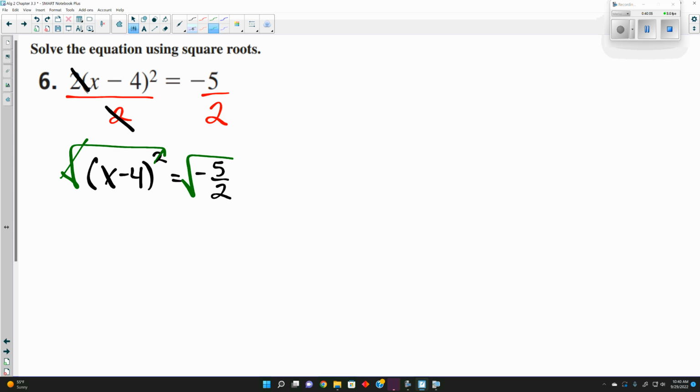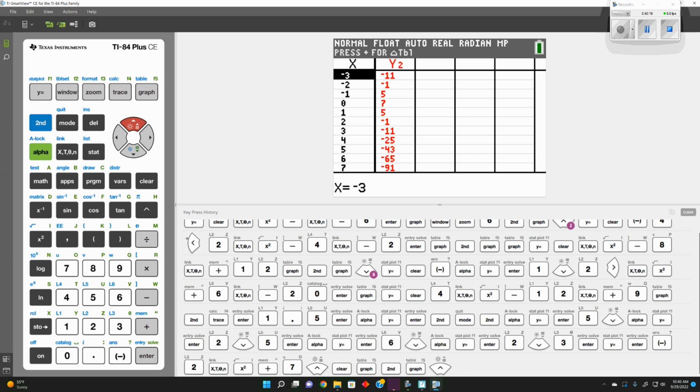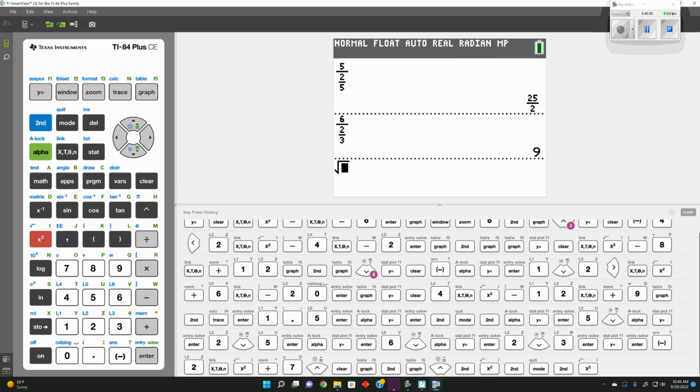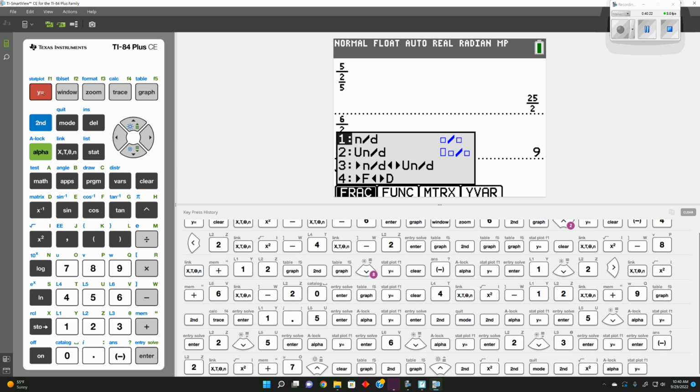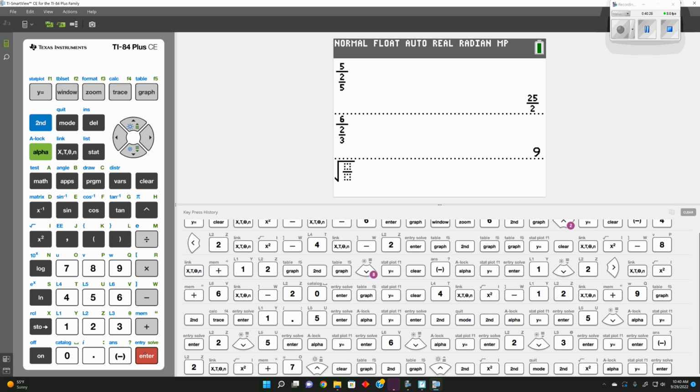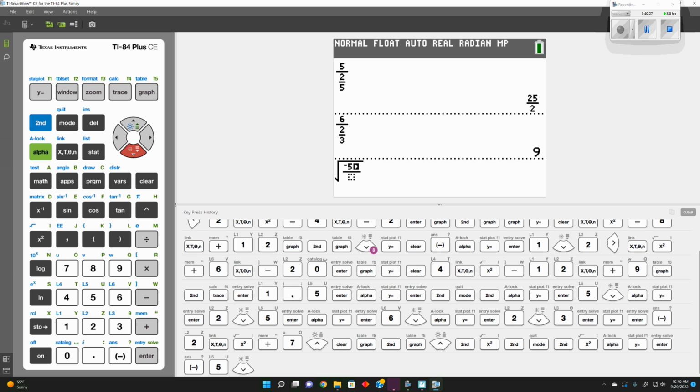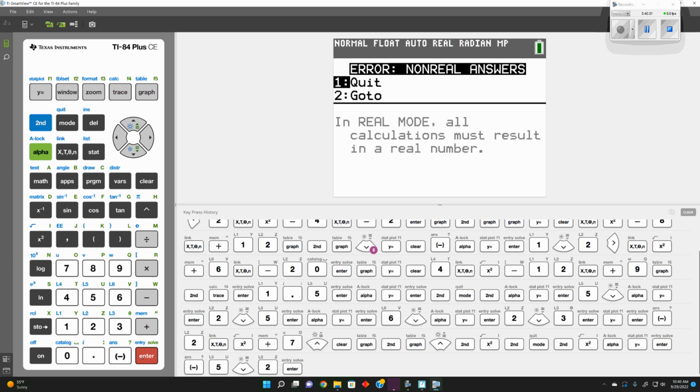These cancel. x minus 4 is equal to plus or minus the square root of negative 5/2. Do we have to have the negative 5/2, or can we just have 5/2 since it's already a plus or minus? We still need the negative 5/2 and the plus or minus, and it gives us what? No real answers.